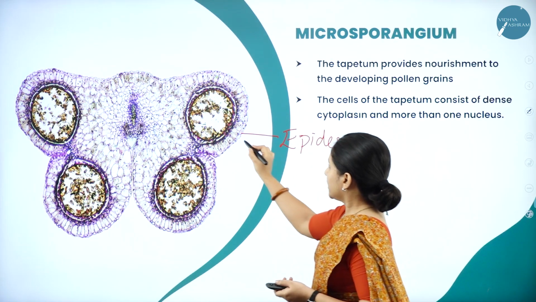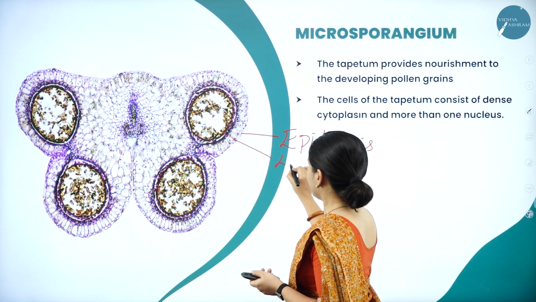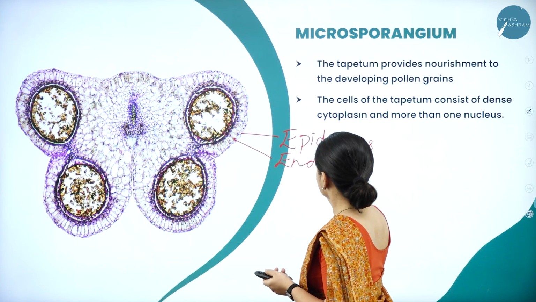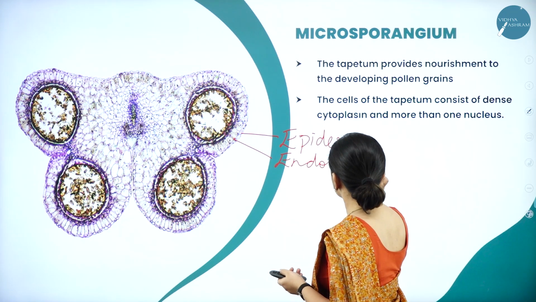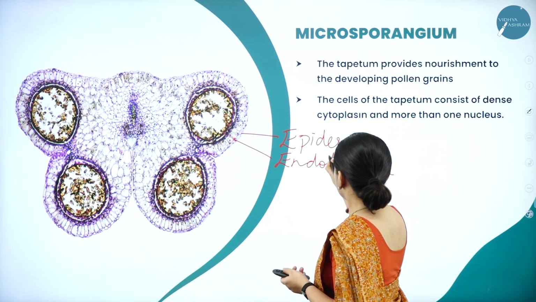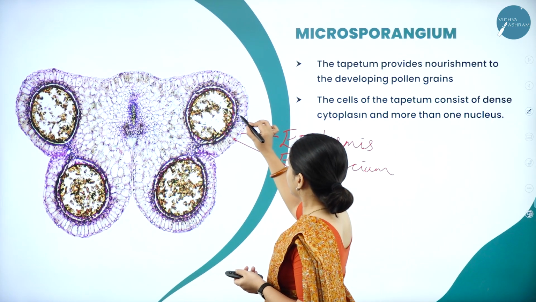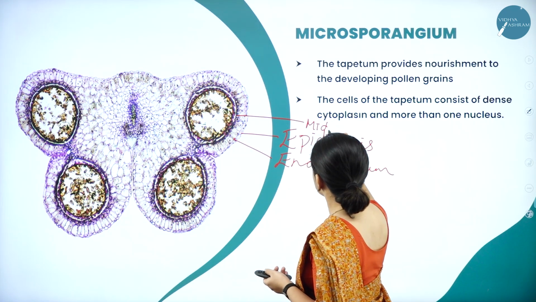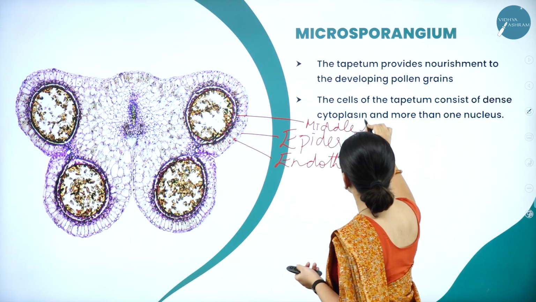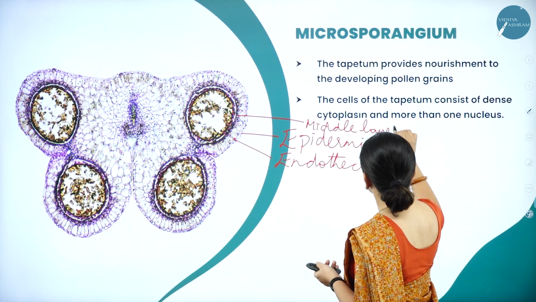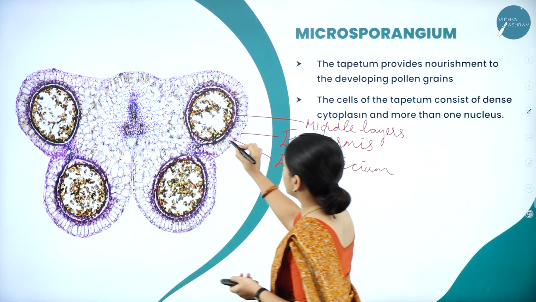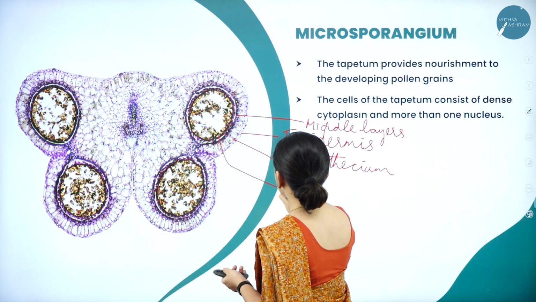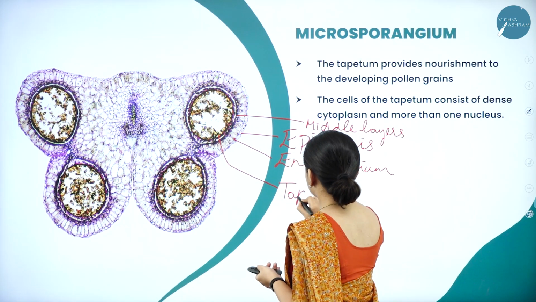Then you have the inner layer, which is the endothecium. Inner to the endothecium, you have the middle layers. Inner to the middle layer, you have the tapetum.